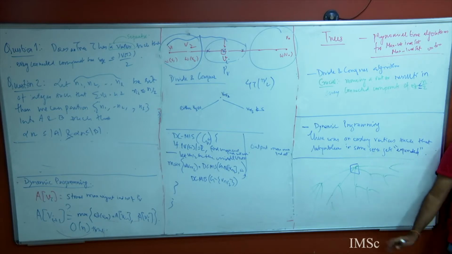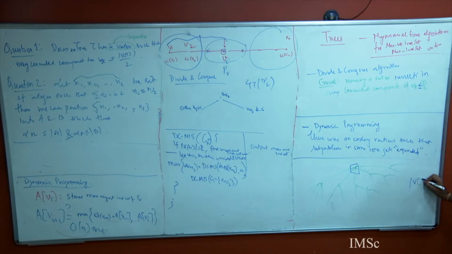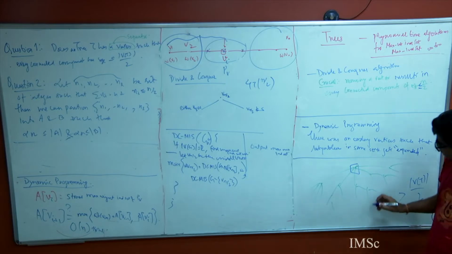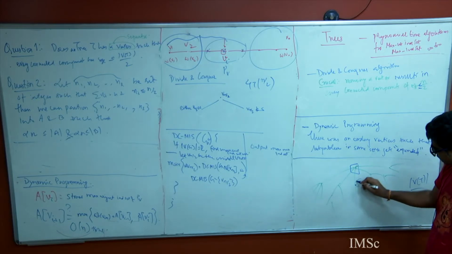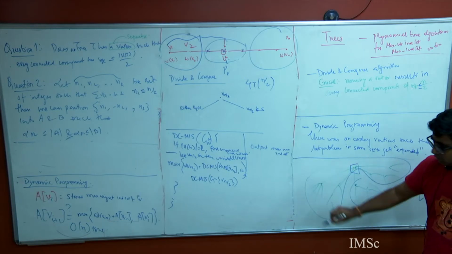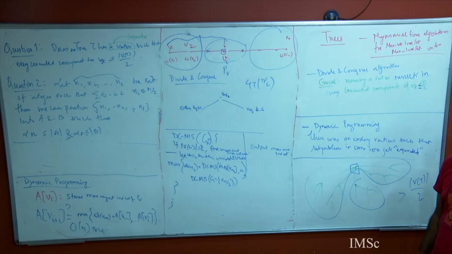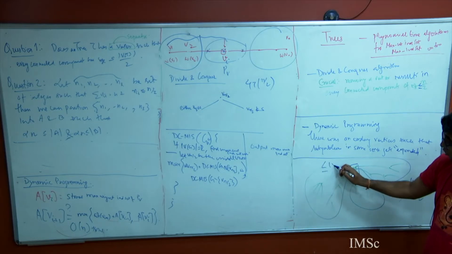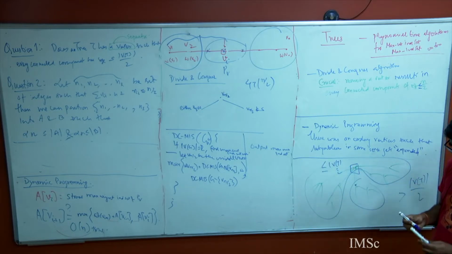Because there exists a connected component whose size is strictly greater than n by 2. Suppose this is that connected component. Then what is the size of the rest? Strictly less than n by 2, right?